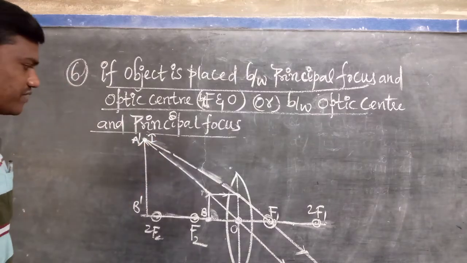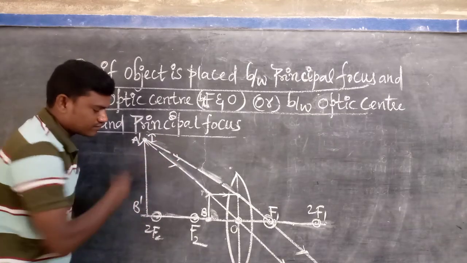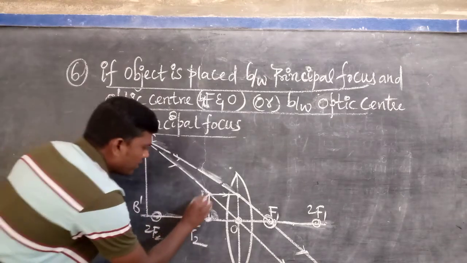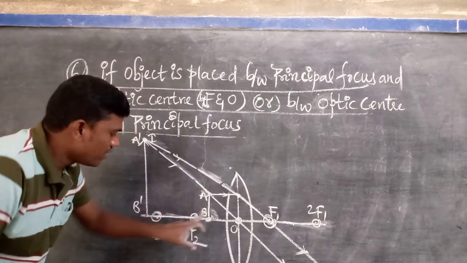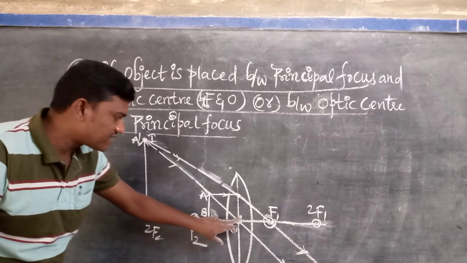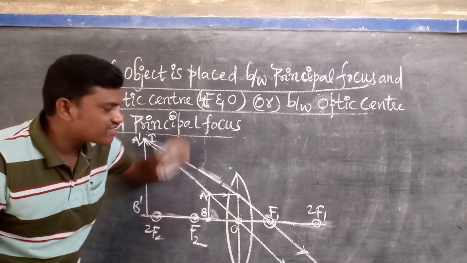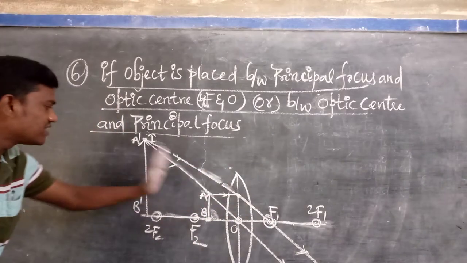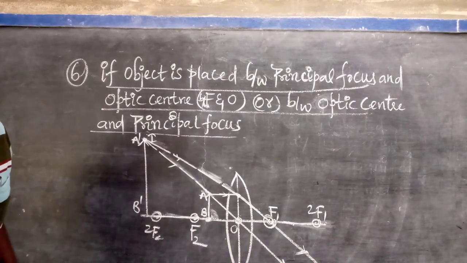So here you are observing that the object is placed between principal focus and optic center. The image will not be formed on the other side. The image will be formed on the same side of the object.